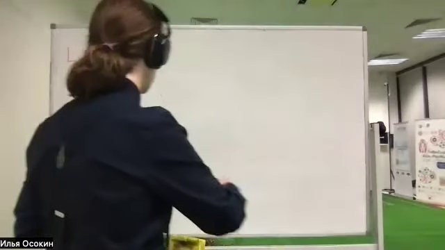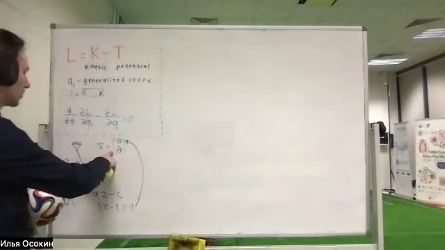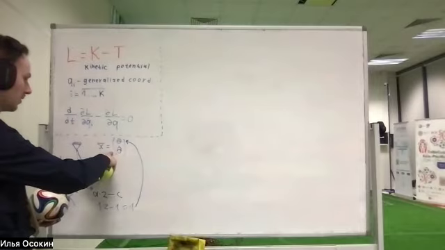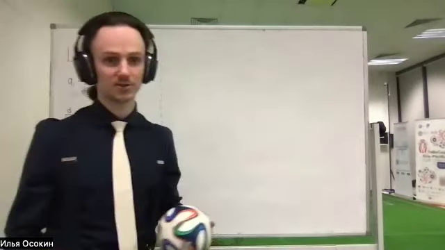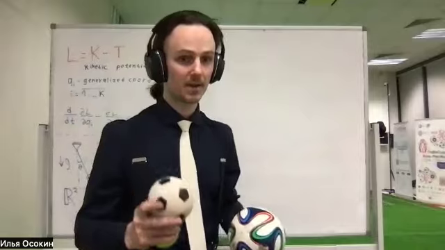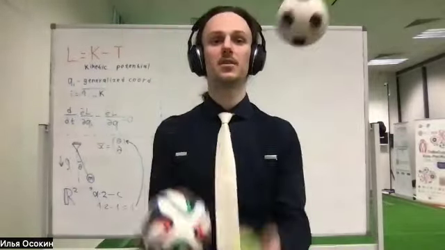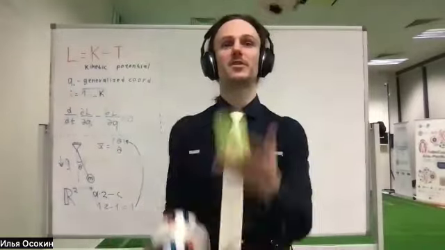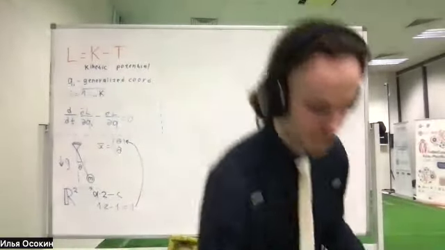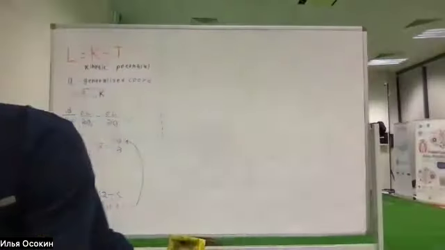And for each of the generalized coordinates, I'm going to have the derivative of the generalized coordinate. So the dimensionality of the dynamical system will be 3 times 3 times 2, 18.